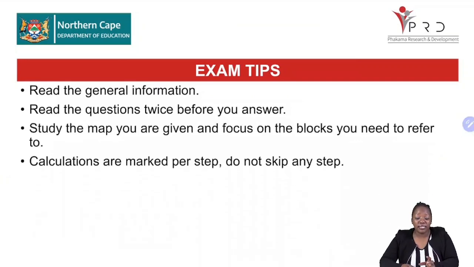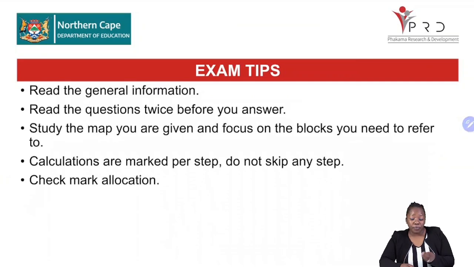And then when it comes to the calculations, make sure that all the steps are included in your answer book, because calculations are marked per step. So you cannot do the calculation aside and then only write the final answer. You will then lose the mark.